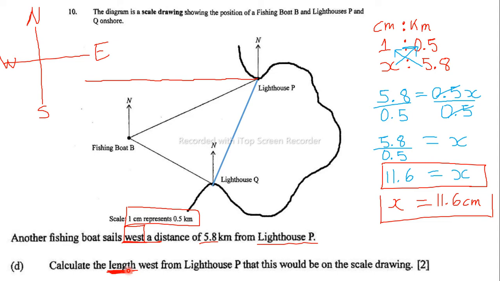They tell us because they say west from Lighthouse Peak that this would be on the scale drawing. When they say on the scale drawing, that means it can't be kilometers because kilometers can't fit on no scale drawing. You see what I'm saying? It'd have to be in centimeters. So what the question basically amounts to is, we give it to you in kilometers, tell us what it is in centimeters. You see what I'm saying, Juan?